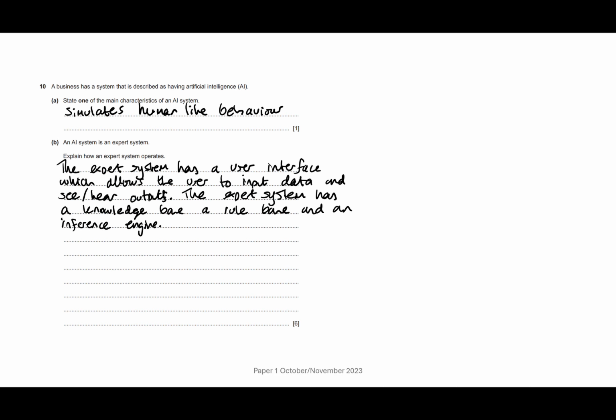So let's look at how that works. The main part of this that does the sort of decision making is the inference engine. So we'll start off with that. So we say the inference engine takes the user input and searches the knowledge base.